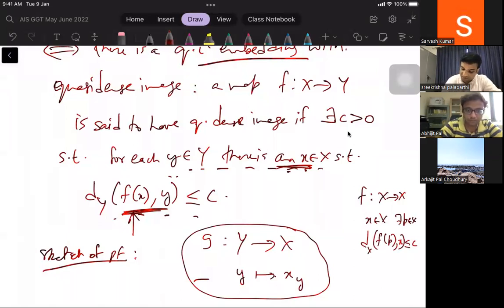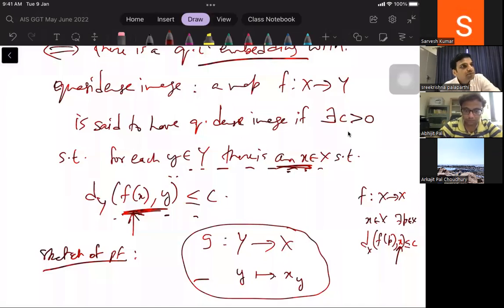So this is the identity of x. No. You want the distance between f and identity to be bounded. That means you want the distance between f(x) and identity of x to be bounded for all x. So here you have to show the distance between f(x) and x is bounded by some constant. That's what I'm doing. That is f(p) and x, right?